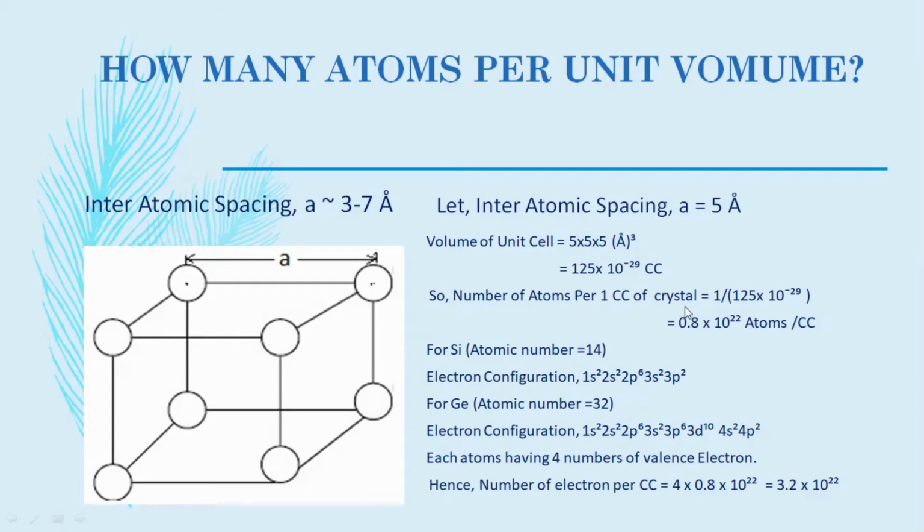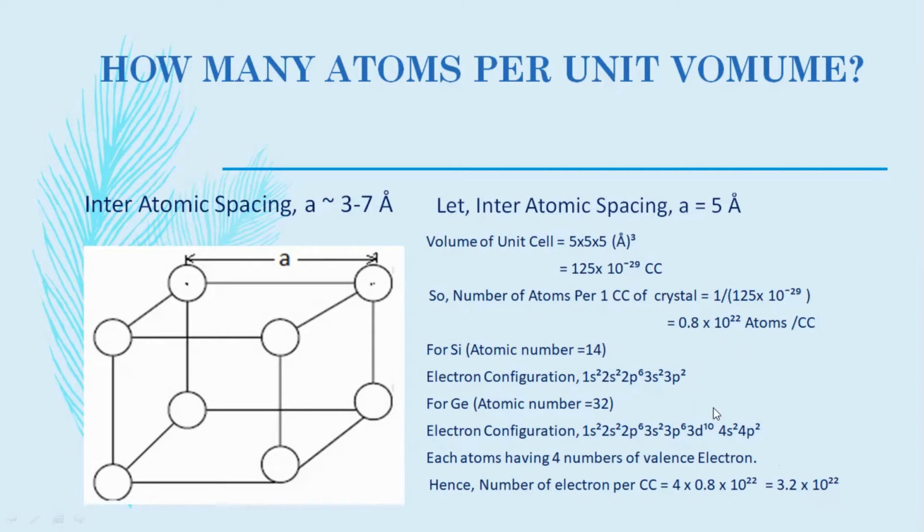So that many atoms per cc, with 4 times 0.8 into 10 to the power 22, gives a number of electrons of about 3.2 into 10 to the power 22 per cc. So you can have some idea from here how much electron density any semiconductor material may have if it has a simple cubic crystal structure.